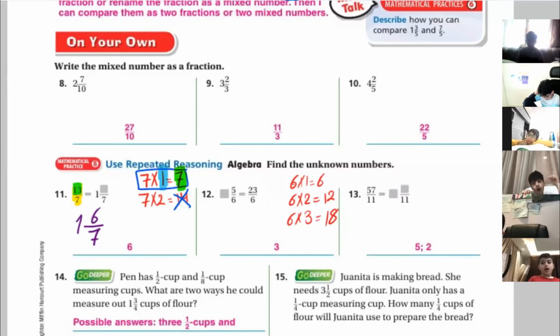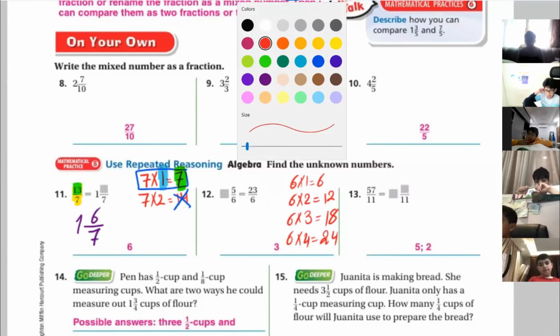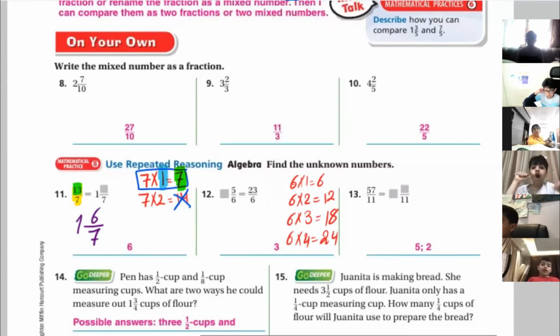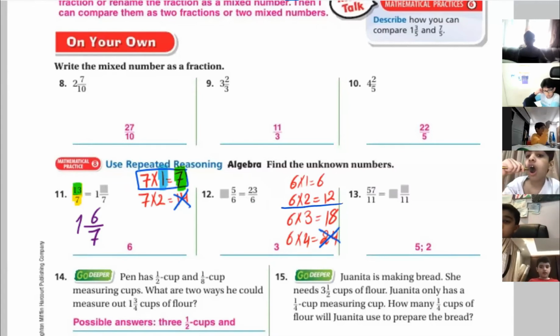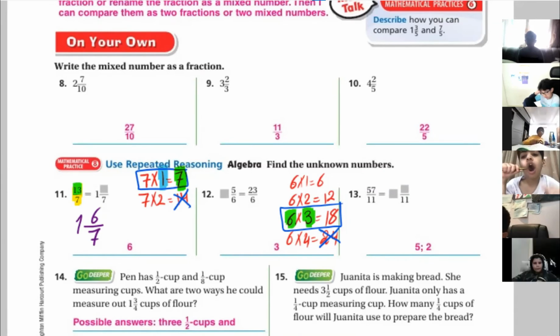And 6 multiplied by 4 equals 24. Can we take 24? No, we cannot take 24 because it's bigger than 23. So we're going to take 18, right? So we're going to use 3 as the whole number. So we're going to put 3 here.